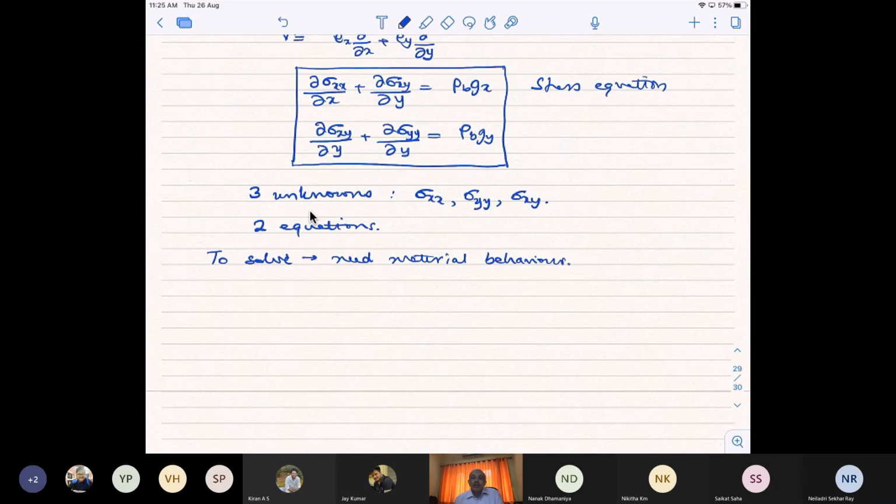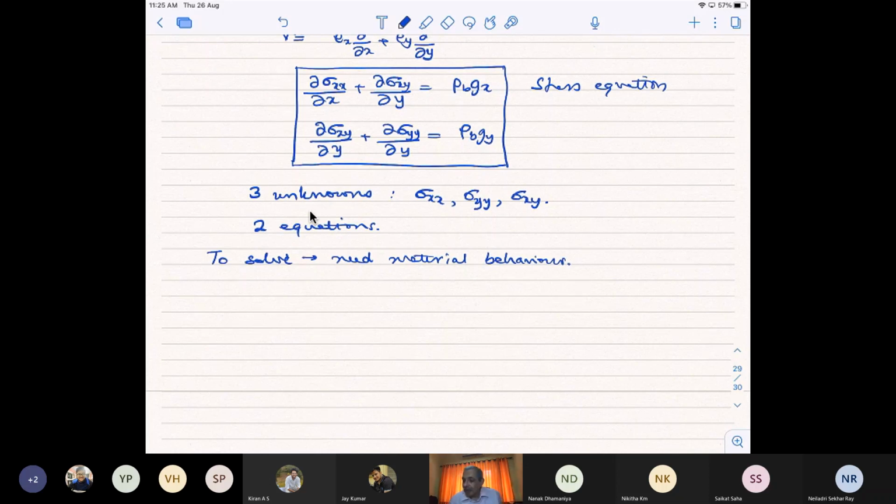Now for a liquid, we know one thing: in a liquid at equilibrium, if you remember your fluid mechanics, if the liquid is static, then there will be no shear stress.